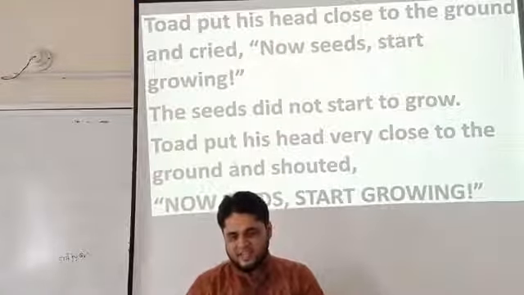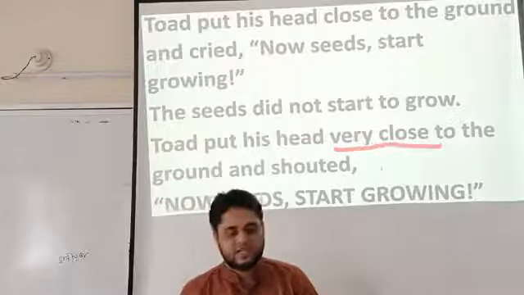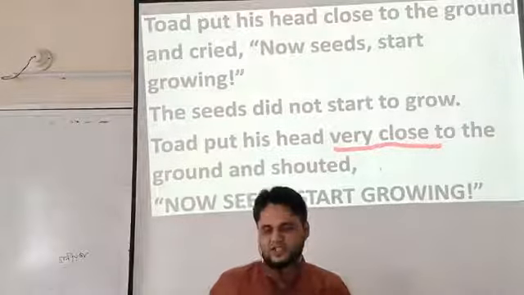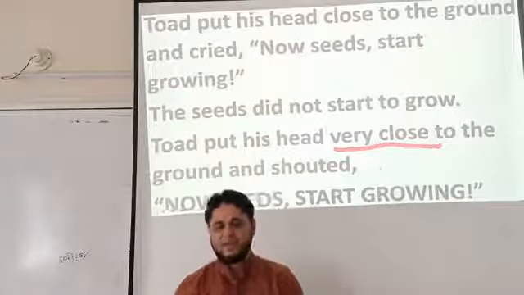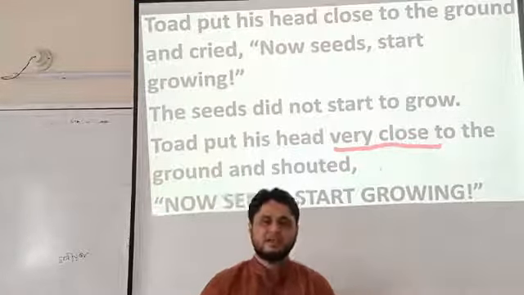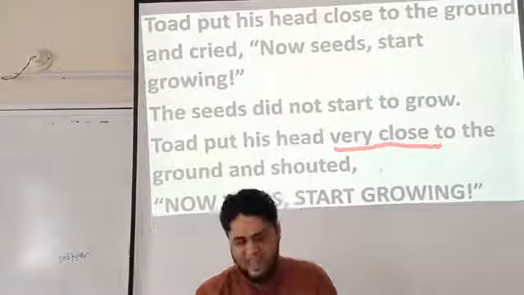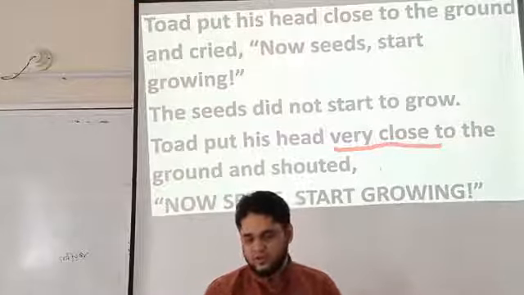In this sentence, we can see that Toad is very excited and restless to have a nice garden. That's why he is urging the seeds to grow at once. But the seeds don't start to grow.